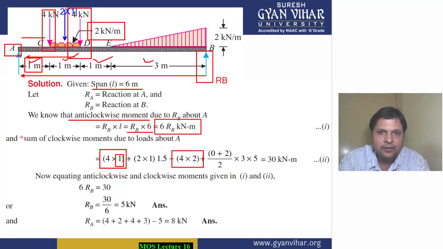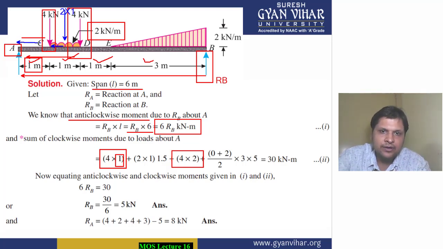So 2 into 1 is the load, and to find the distance from point A, see, this UDL will be acting at a distance of half from one of its ends. Total length is 1 meter, means 0.5. It is acting at a distance of 0.5 from this point C.